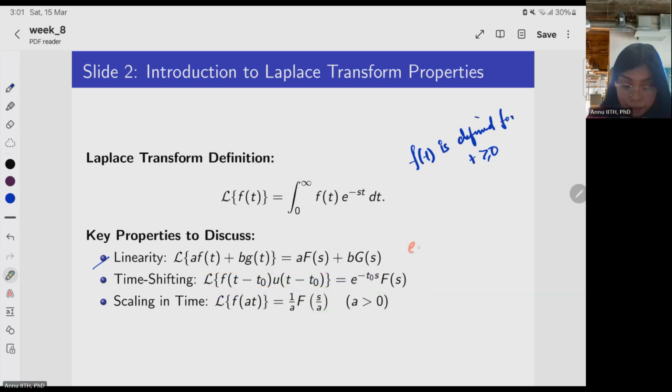If you have e^(t naught s), then F of s minus something, okay, it will change the performance of this particular Laplace transform.